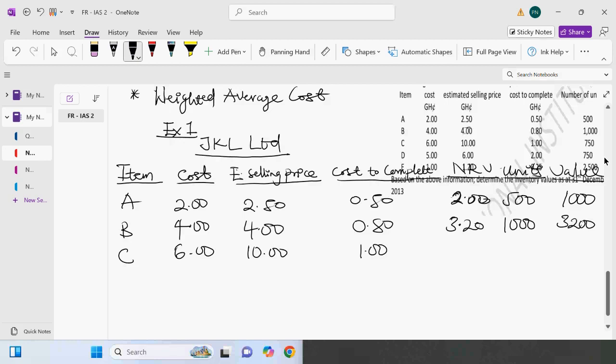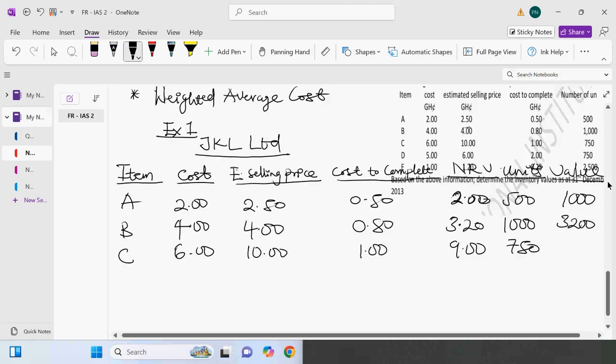What will be our net realizable value? 9.00. So what is the unit? Unit is 750. So what will be our value? 6,750.